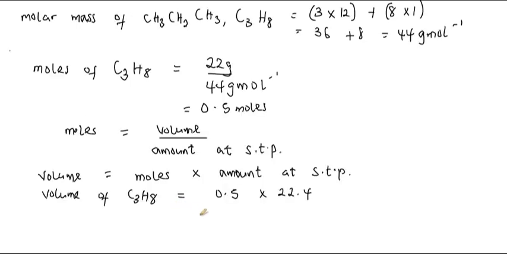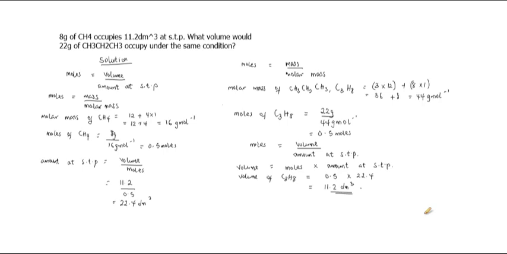So this gives 11.2 dm³, the unit. And this is the final answer. From what we've just done, we can say that under the same condition, the volume of 22 grams of propane is 11.2 dm³, and that will be all on that.